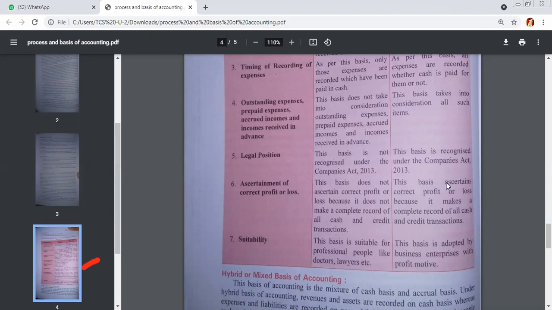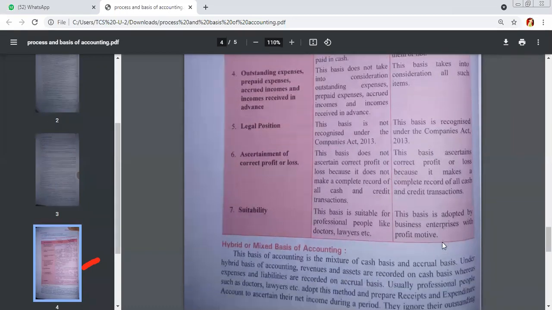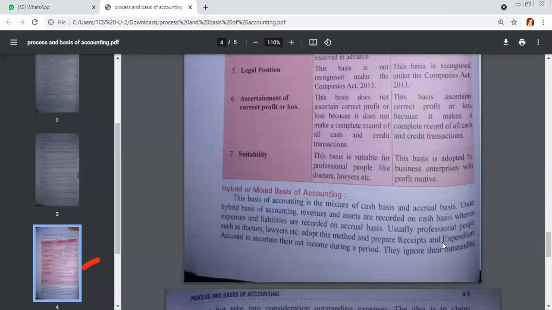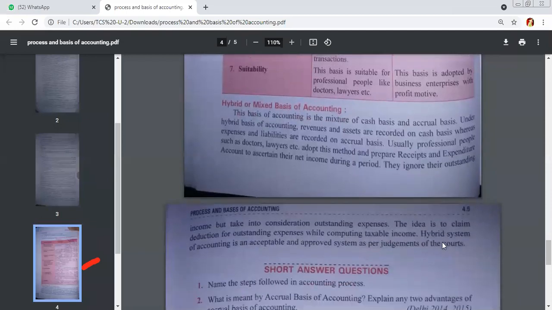But on the basis of the accrual basis, the correct profit or loss can be calculated, because a complete record of all cash and credit transactions is kept. Suitability: the cash basis is suitable for professional people like doctors and lawyers, but the accrual basis is adopted by business enterprises with a profit motive. The last one is the hybrid or mixed basis of accounting.